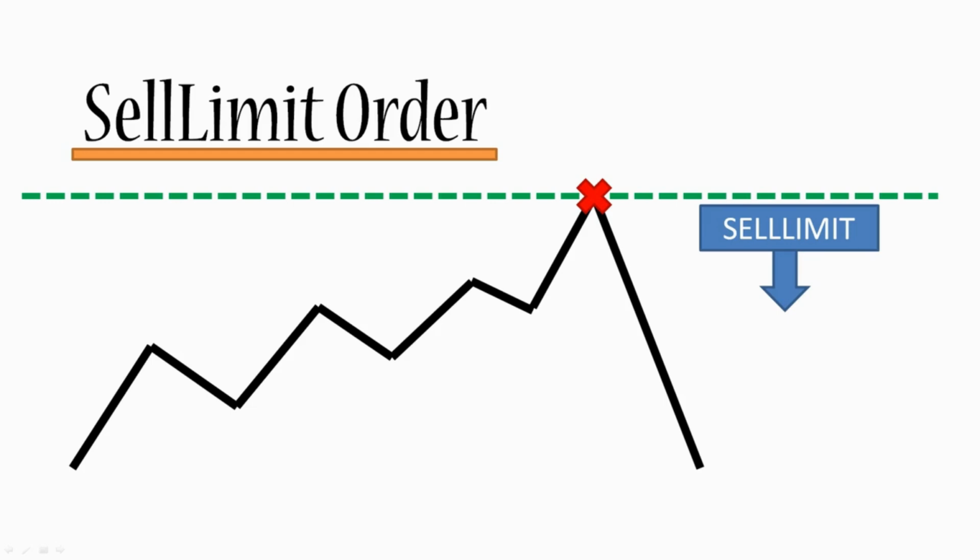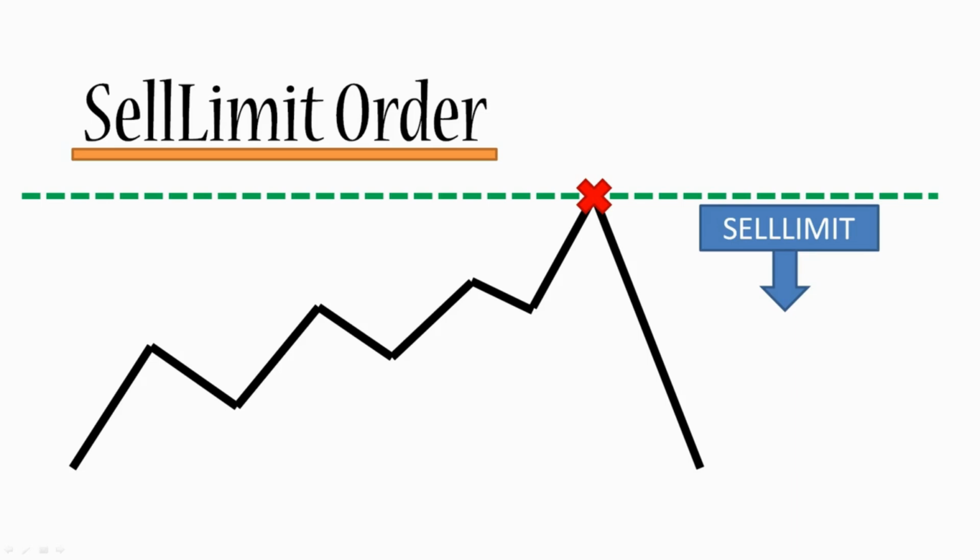So in this case, even if the market price crosses your sell limit order, it will still be triggered as a sell order. There's always the risk that the market will trigger your sell limit order, turn it into a sell order, and then keep going upwards. That can also happen, and your sell limit order will be triggered and you will be in the market. That's why you should still use stop loss and take profits with your limit and stop orders.